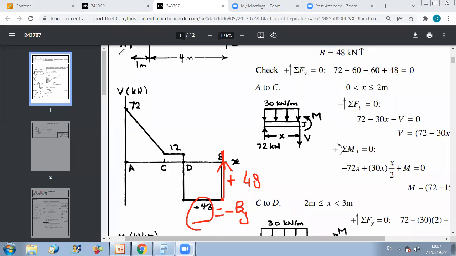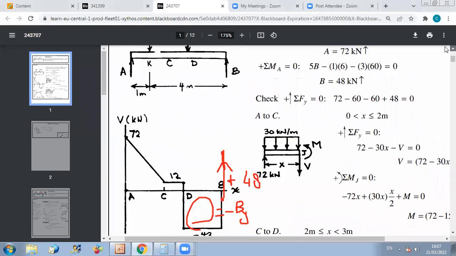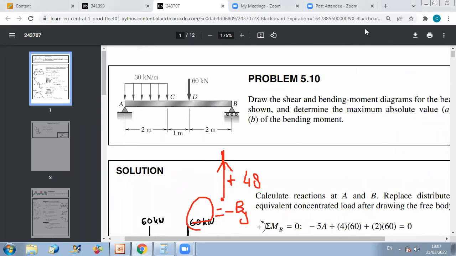Because if you do the analysis of shear, what is shear? If you do a cut just after B, you don't have anything. So for the sum of forces to be zero, you don't have a shear value. Just after B, or B plus, should be zero. And just before B, B minus, should be equal to minus the reaction at B. That's how you can verify that your calculation is right.